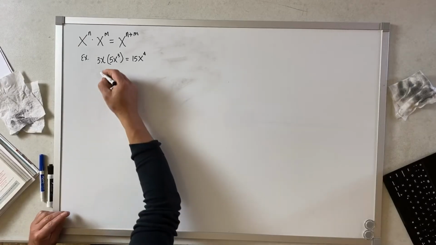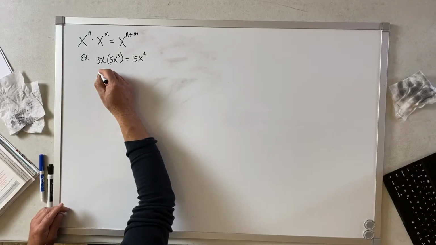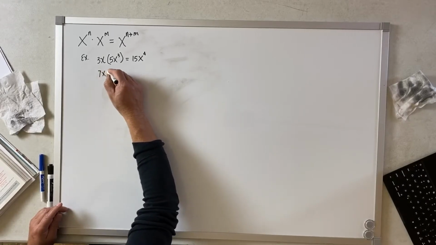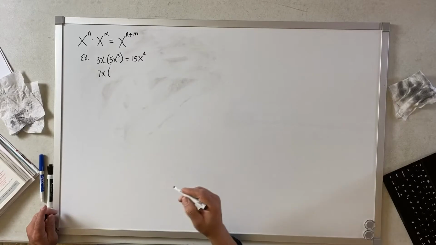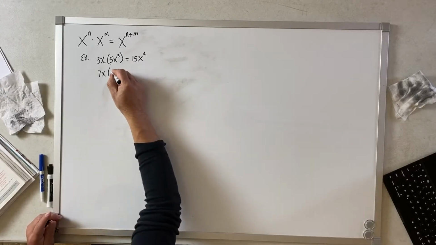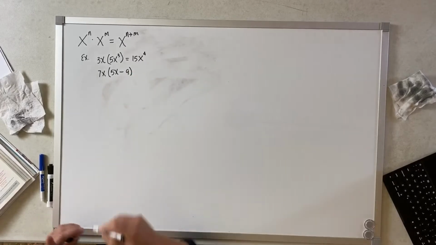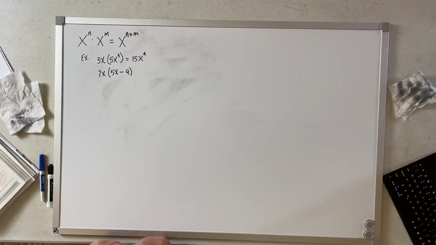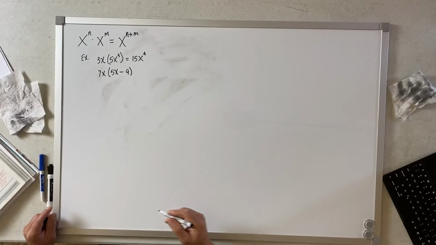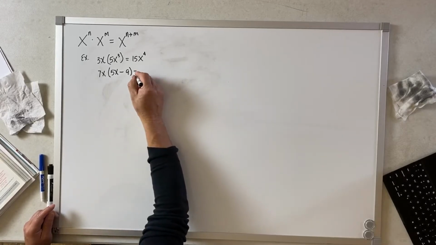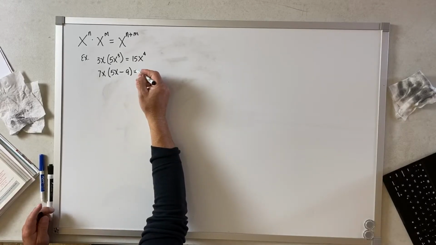If you multiply a monomial, 7x, times a binomial, 5x minus 9, that's a monomial times a binomial. We get by distribution, right, everybody?